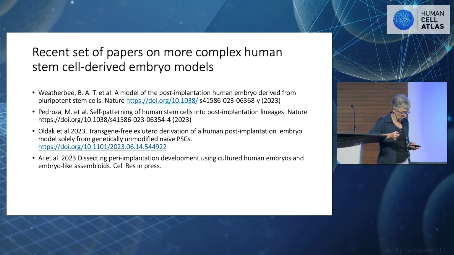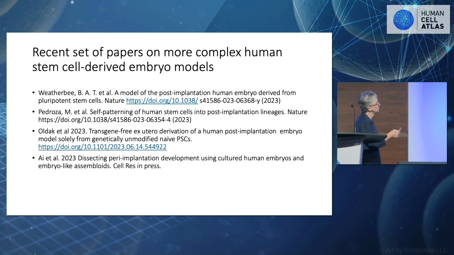There's a lot of noise in the system at the moment on generating more complex human stem cell-derived embryo models, similar to what I just showed you in the cynomolgus monkey. Again, not just taking ES cells and making blastoids, but taking ES cells, differentiating them in various ways into ES, N, and TS type equivalents, and then combining them and putting them into more complex culture systems to try to replicate the post-implantation stages, actually without making a blastocyst first.